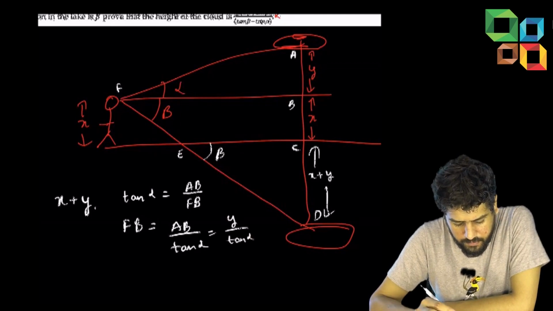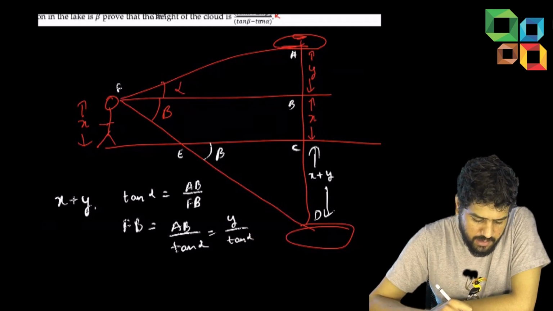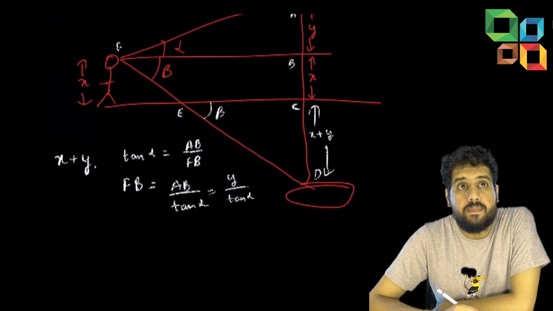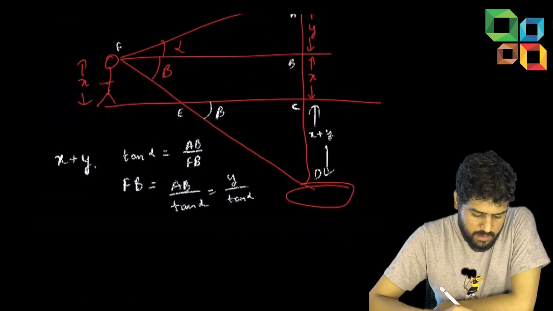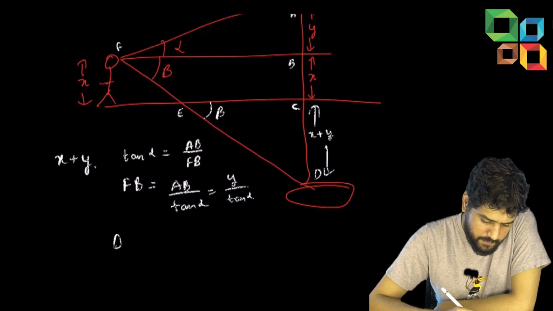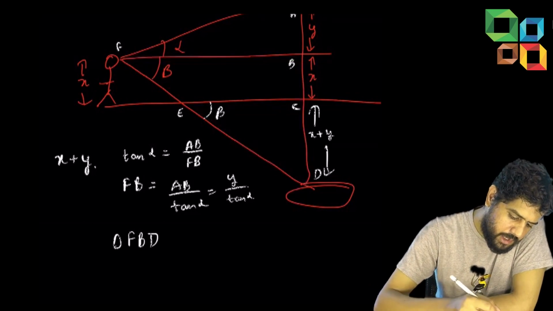Is there any other way we can find the same length FB? FB will be equal to 2x plus y by tan beta, using the triangle with FB and the reflection of the cloud, triangle FBD.